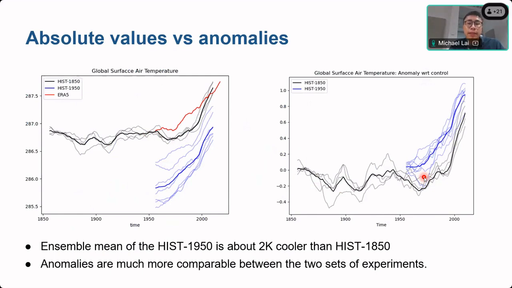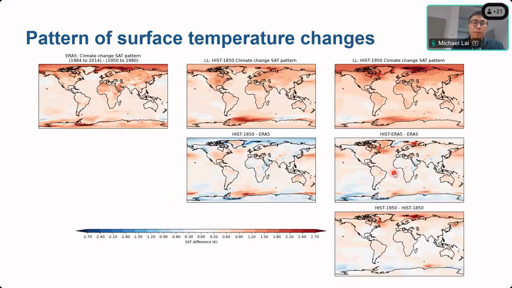So it appears that although the absolute values and the mean states are quite different between the HighResMIP and CMIP runs, when you take the anomalies, the time series look a lot more comparable. So we can dig a little deeper into this and look at the spatial pattern to see how the rate of warming in different regions looks.